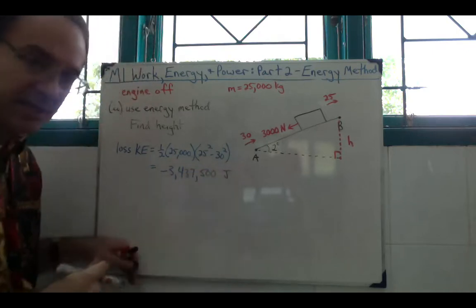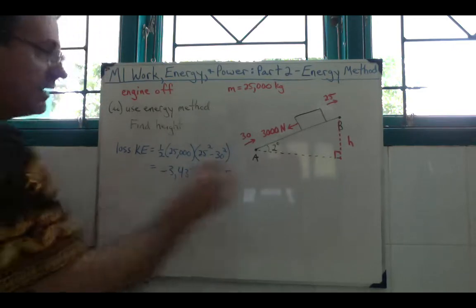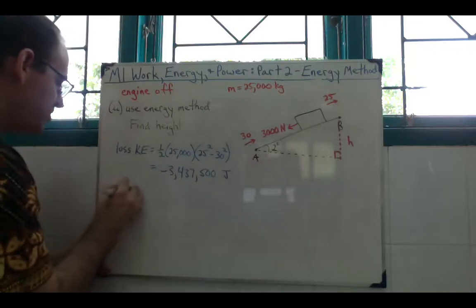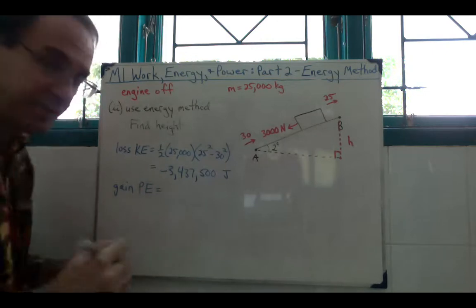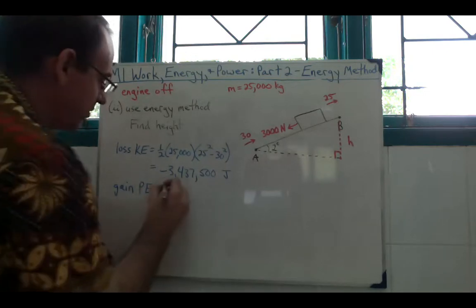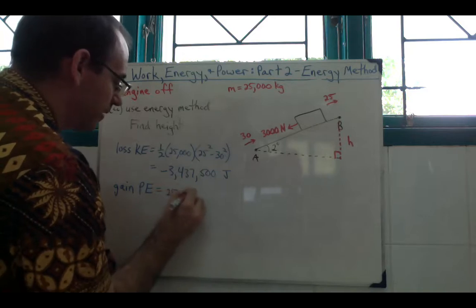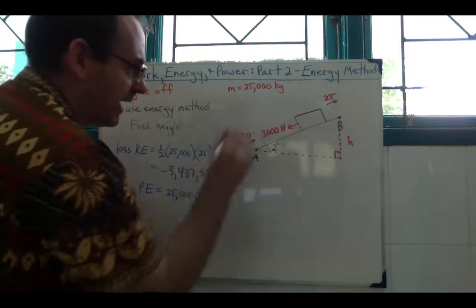And that's our loss in kinetic energy. And now you can see that we have gained potential energy. Our potential energy formula is mass, 25,000, times gravity, 10, times height.